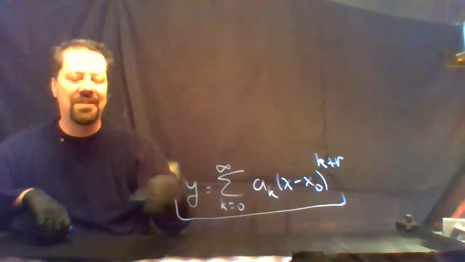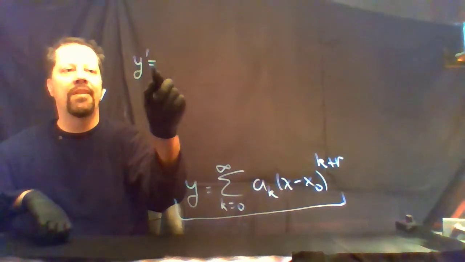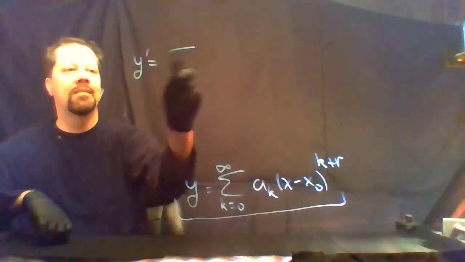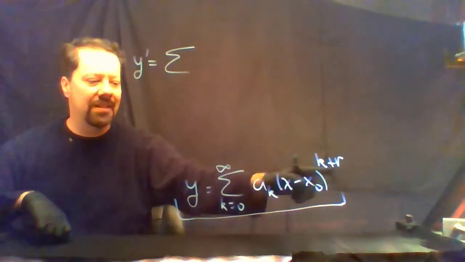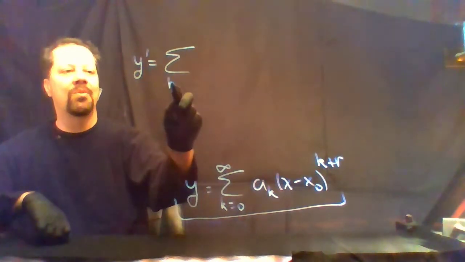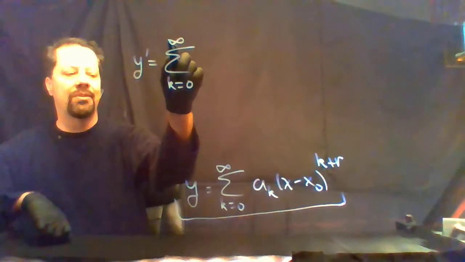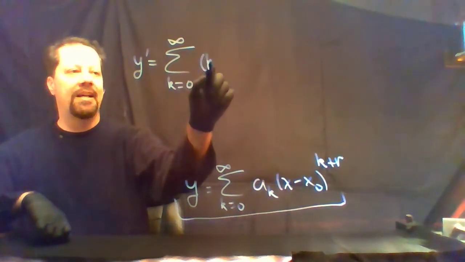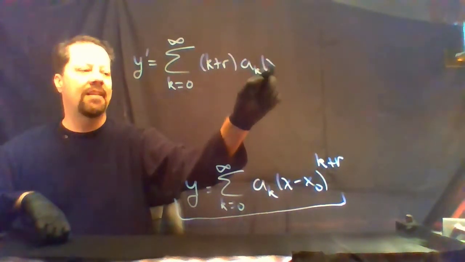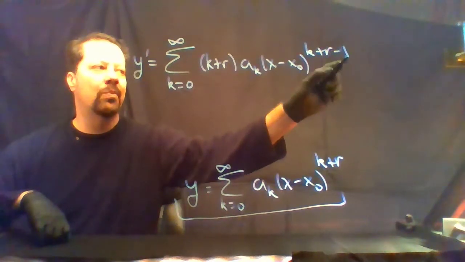With solutions of this form, it's no longer clear that when you take the derivative that you lose a term. If r is equal to 1/2, you're not going to lose a term. So we're going to take the derivative, and it's still going to start at 0 and go to infinity. We'll have k plus r, a sub k, x minus x naught to the k plus r minus 1.